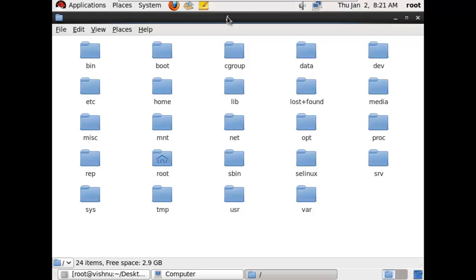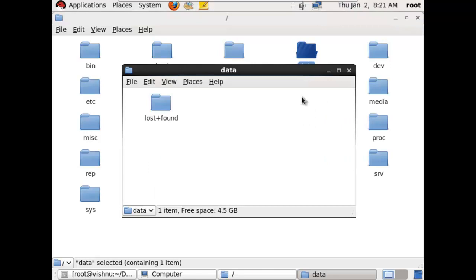The symbol of the root drive is this, but when you enter inside this data named folder, then you can see that 4.5 GB is the free space. It means that your SDB2 is successfully mounted to this data named folder.